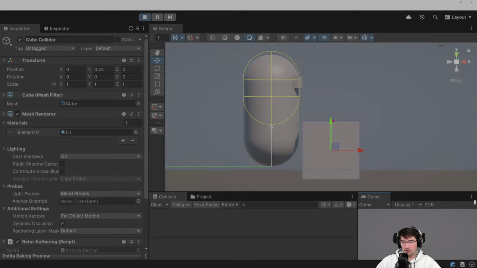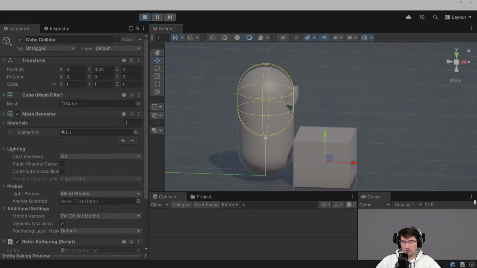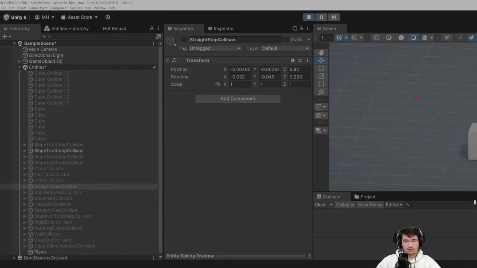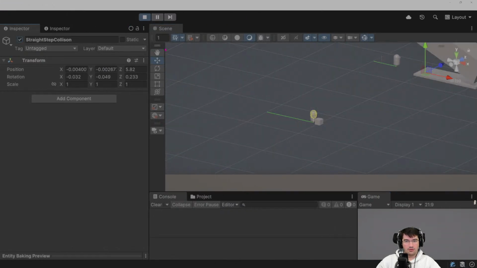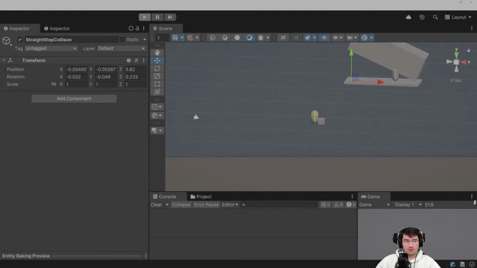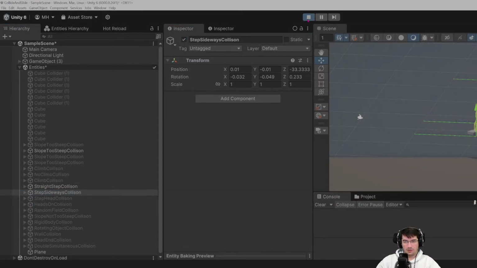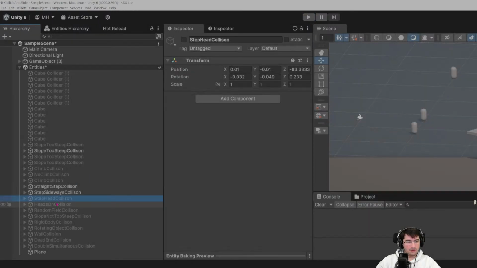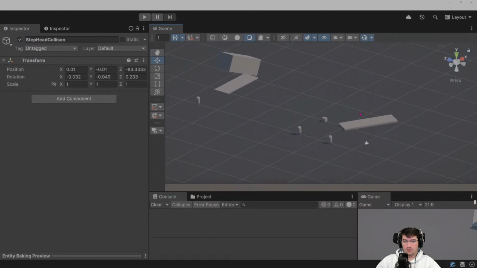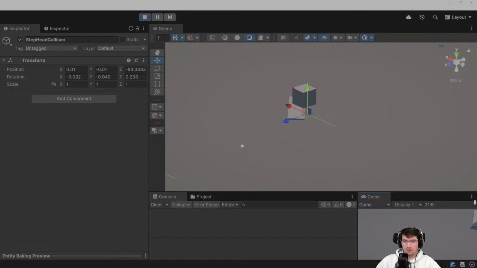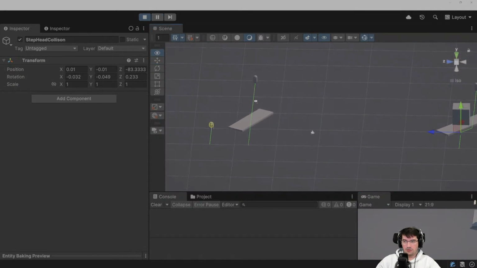This is still not working. And if I look at the other step, sorry, this one is working. This one is still working. This one is still working.